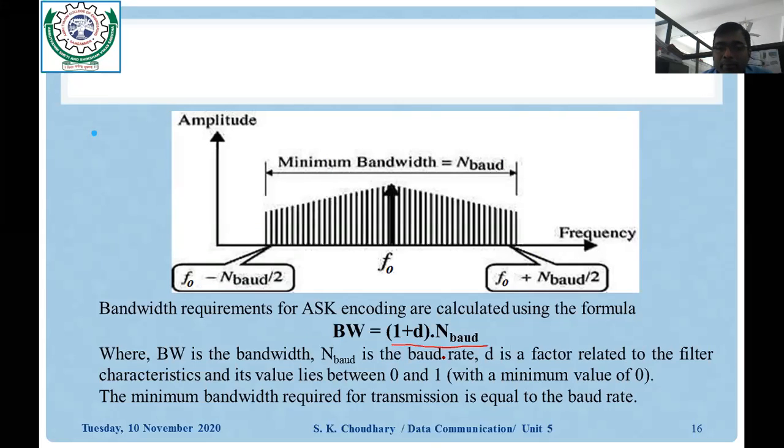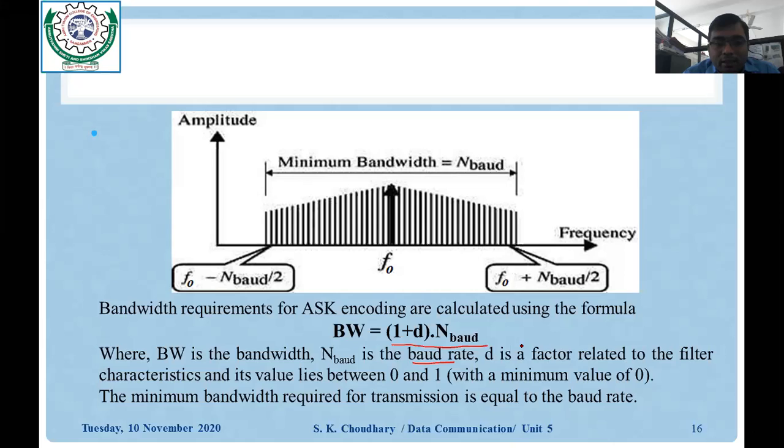Here BW is bandwidth, N baud is the baud rate or symbol rate, and D is a factor related to the filter characteristics, whose value lies between 0 and 1. The minimum value is 0 and the maximum is 1, or a value in between.